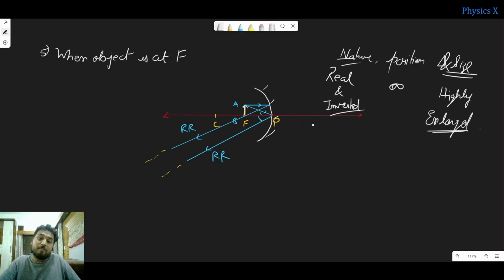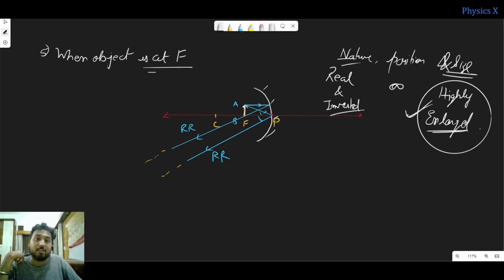Wherever you put the screen, let us say here or anywhere, because the image is forming at infinity, you will be observing part of the object. The rays are actually meeting, forming some part of the image, and that is why we say it will be very highly enlarged.